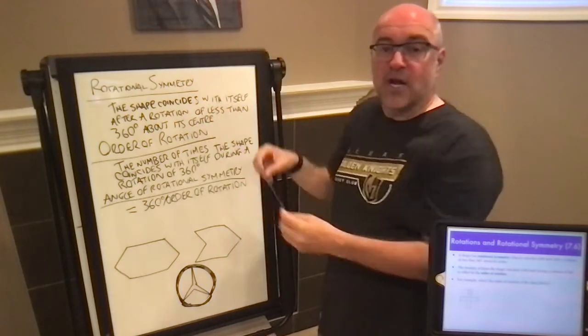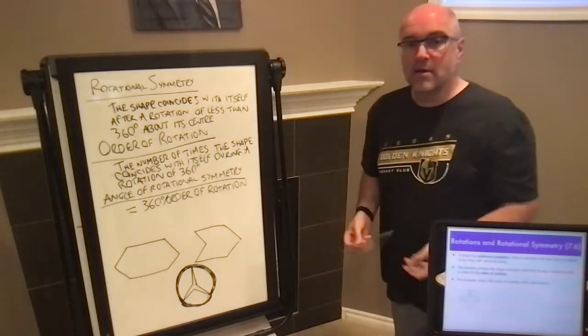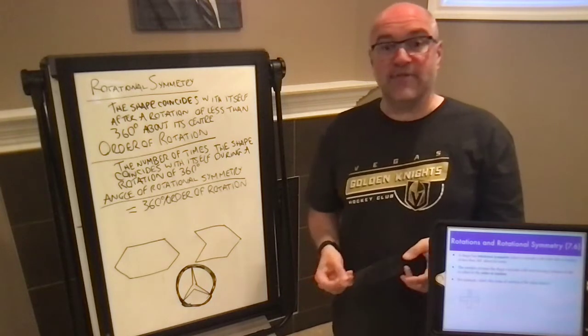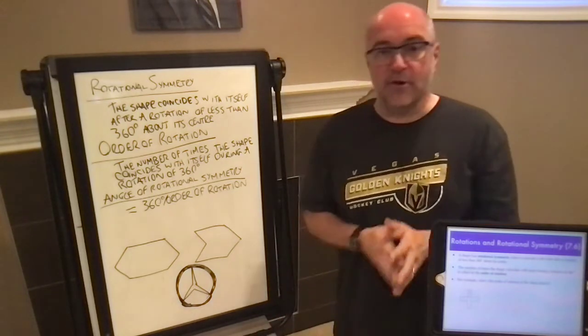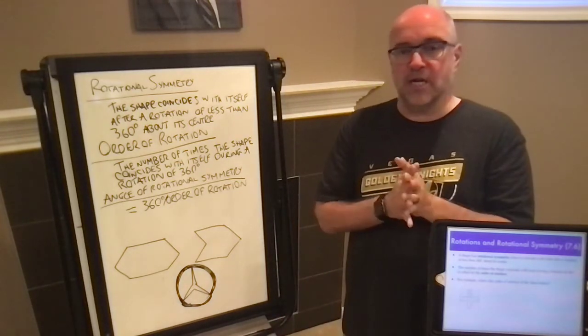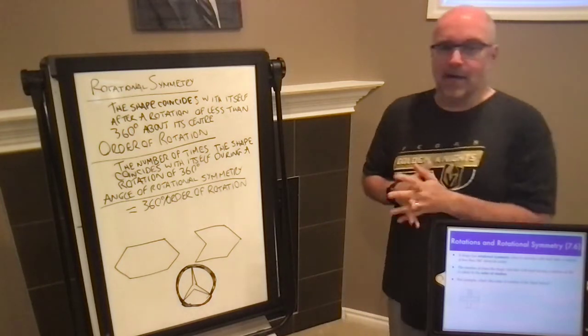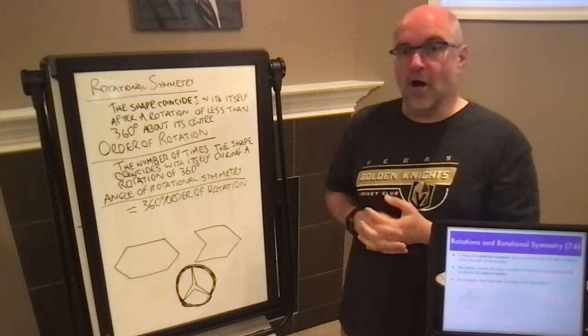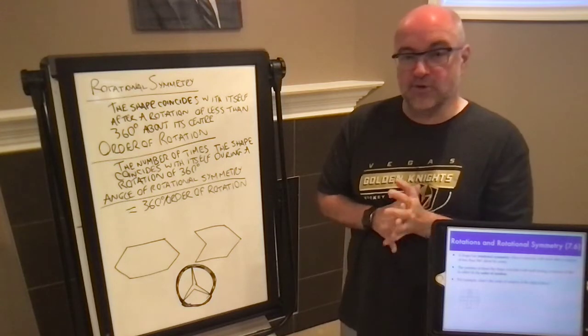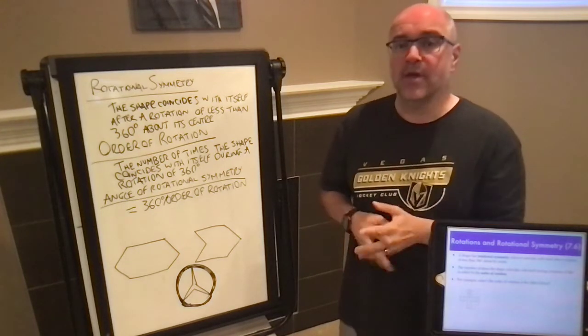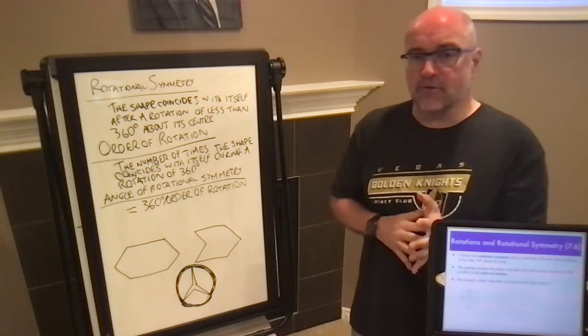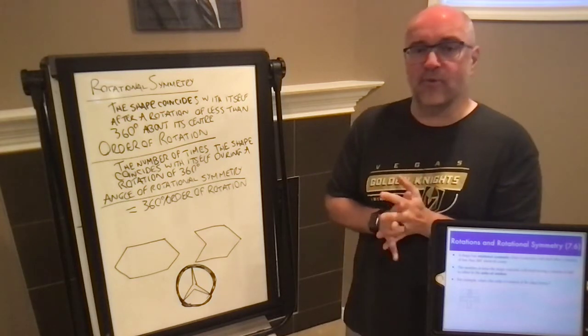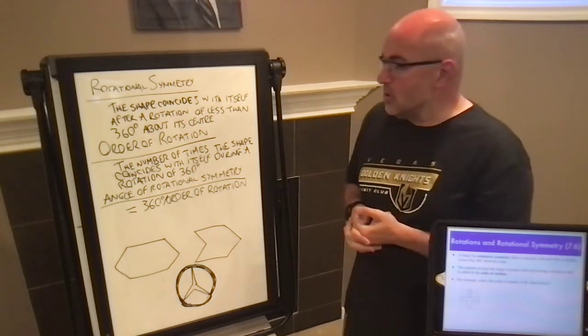So it also has what we call rotational symmetry. That's a little nod to the biological kingdom as far as rotational symmetry. They're the only animals that have rotational symmetry. All other organisms pretty much have some form of linear symmetry going on.